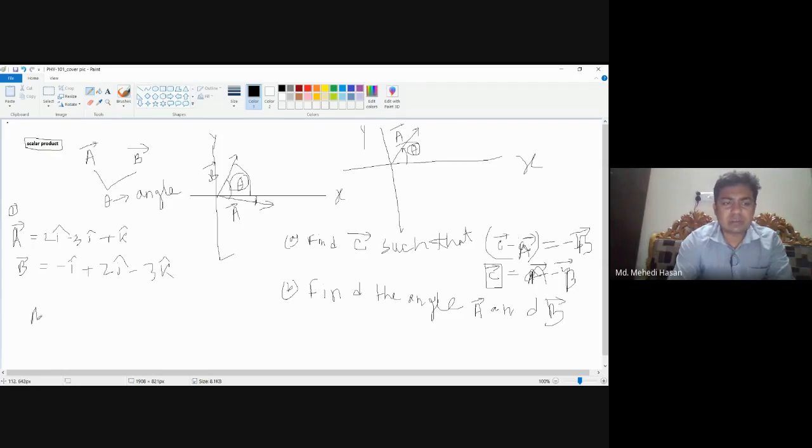So the scalar product formula is A dot B is equal to A B sin theta. Sorry, cos theta. A B cos theta. For dot product, A B cos theta.